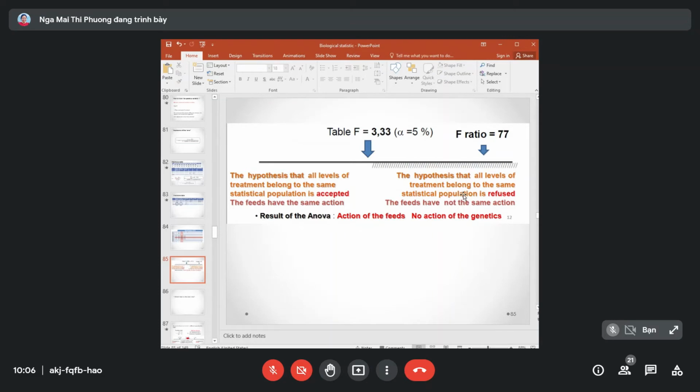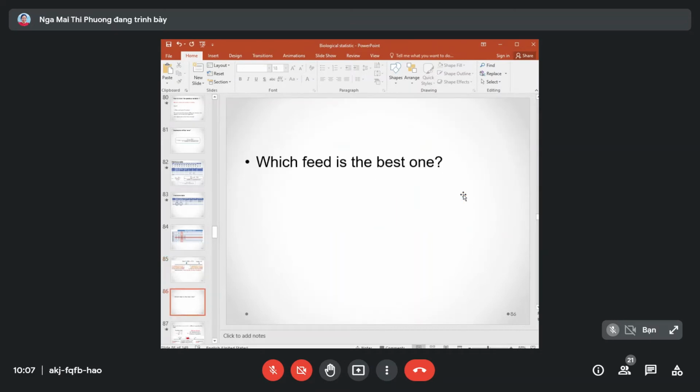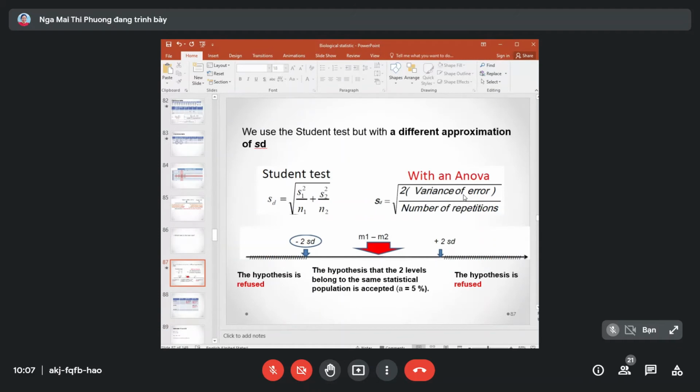I think we need to find which is the best. So we are going to determine which fit is the best one.